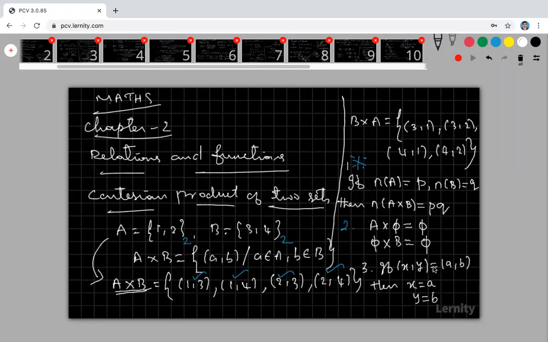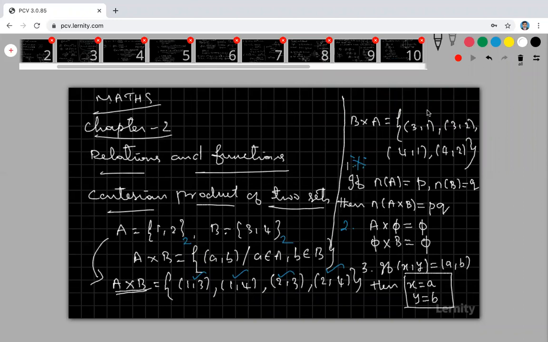If (x, y) is equal to (a, b), then x is equal to a and y is equal to b. That means the first element in this ordered pair and the first element in the other ordered pair are equal. The second element in this ordered pair and the second element in the other are equal.